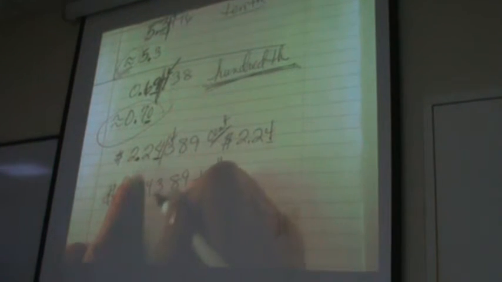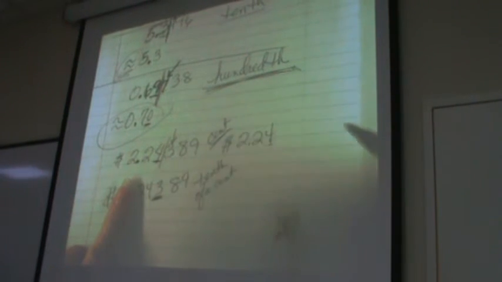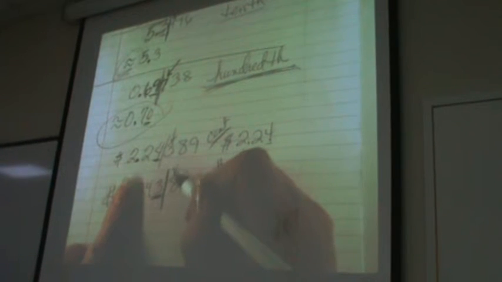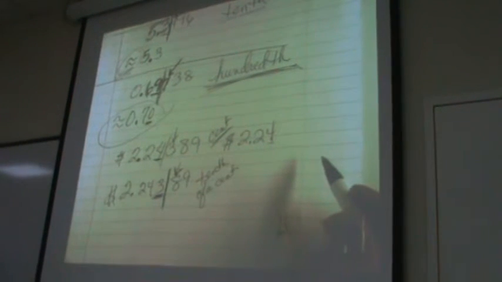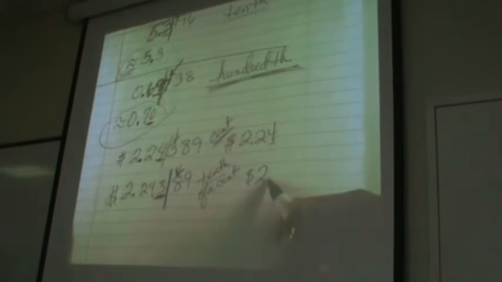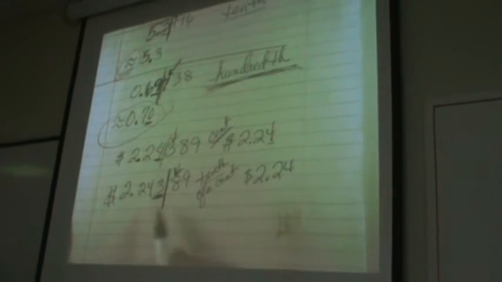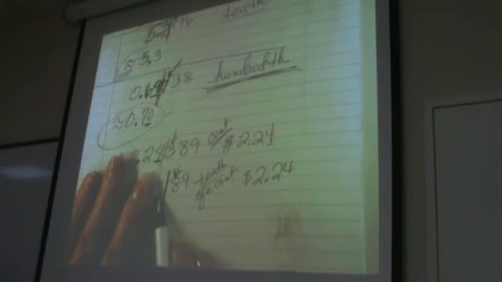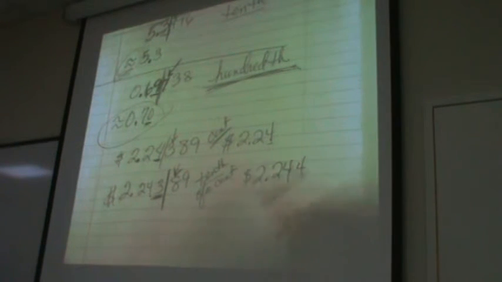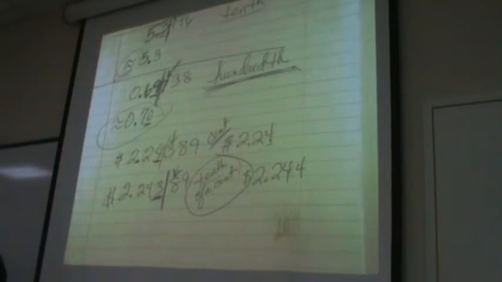So rounding to the 10th of a cent would be the 3, cutting it off here, looking at the 8. So this rounded to the 10th of a cent would be 2.24. The 8 would round the 3 up to a 4. So this is to the 10th of a cent.